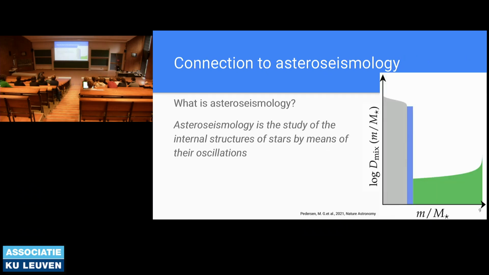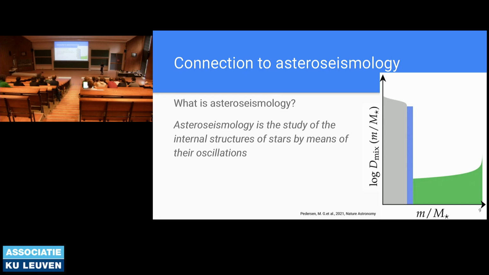So what is then the connection to asteroseismology? Everyone here should know that asteroseismology is the study of the internal structure of stars by means of their oscillations. So the stars will tell us something about the inside of the star. And so here, very schematically, let's see if the laser, oh, it works, great.